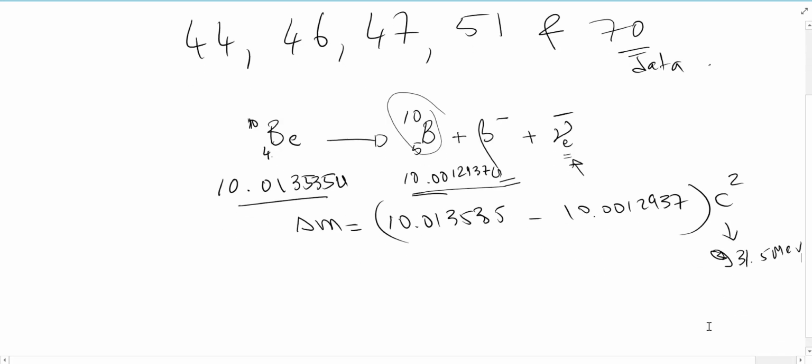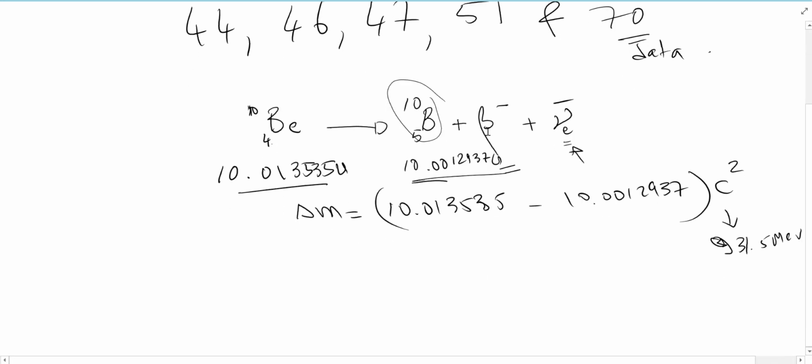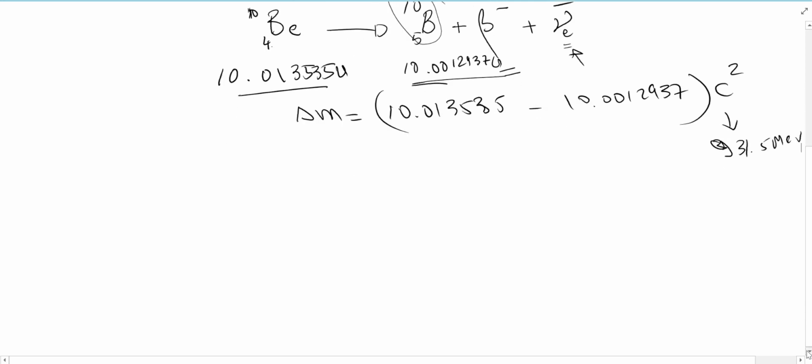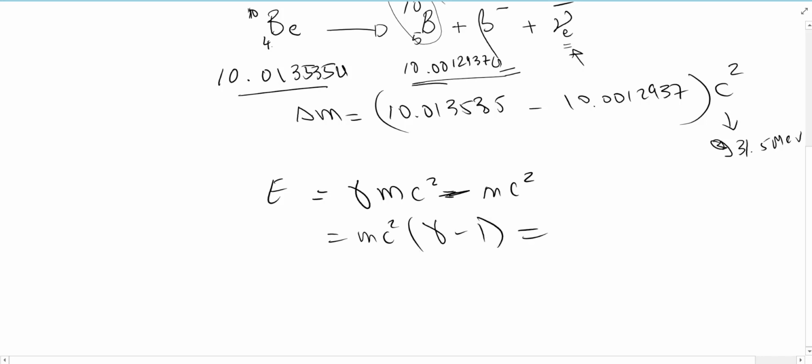So basically what we're saying is that all of this energy is that of the electron, and the kinetic energy of the electron is gamma mc squared minus mc squared, so it's mc squared times gamma minus 1, and we already computed this energy, which is delta m times c squared, from this expression. So we have that number.